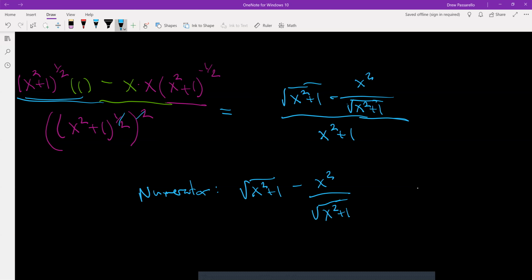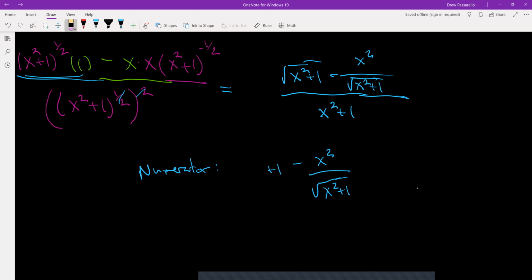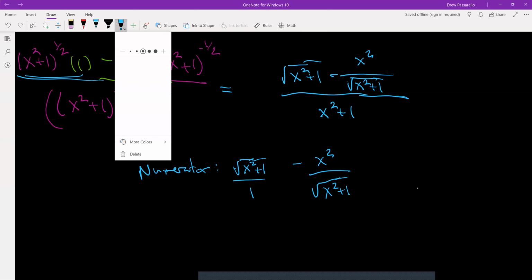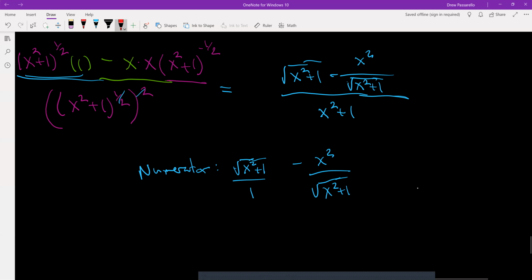If I want to combine that into one fraction, the square root of x squared plus 1 you could think of as the square root of x squared plus 1 divided by 1. If I want them to have the same denominator, it needs to be the square root of x squared plus 1, since that's the denominator of the other fraction. So I'm going to multiply top and bottom by the square root of x squared plus 1.